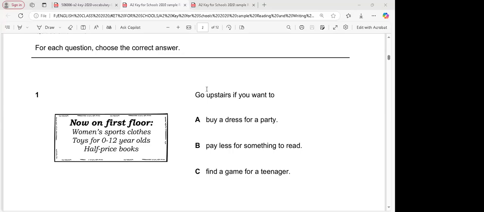Can you write the answer now for number 1? Done? Shall I move to the next?